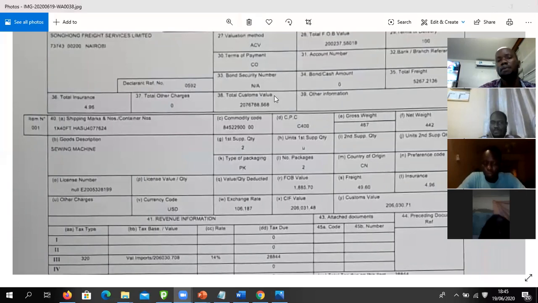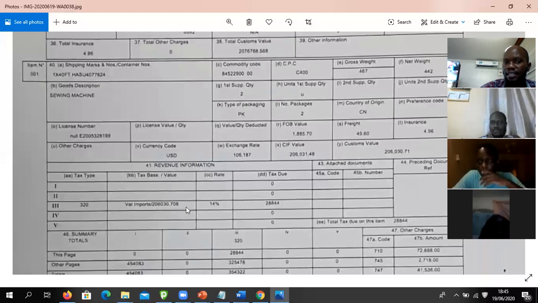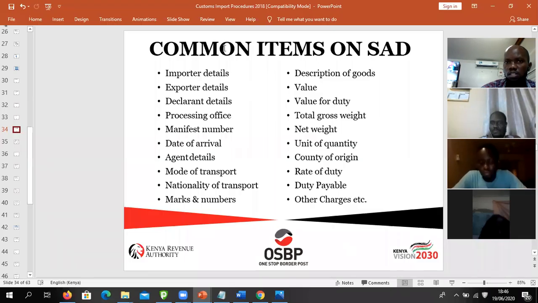So various HS codes have different tax rates. You might find a different HS code here would attract import duty, would attract excise duty, and would attract value added tax. So for now, that is all about how the entry may look or may appear.